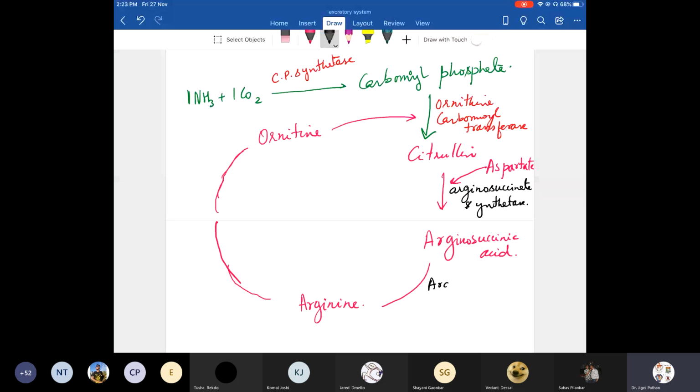Then arginosuccinase enzyme. Here the enzyme is arginase.